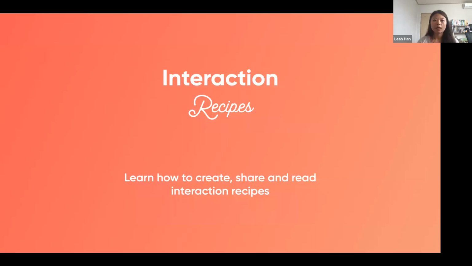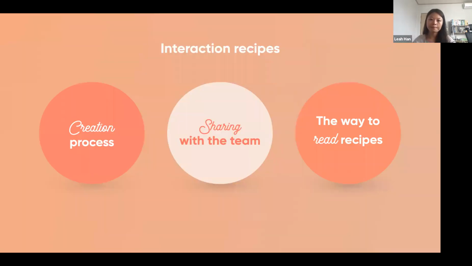So, okay, that's the story behind the interaction recipe. And now we will take a look at how to use interaction recipe. Today, as I mentioned, we will cover 3 parts: how to create it, how to share it, and the way to read it.